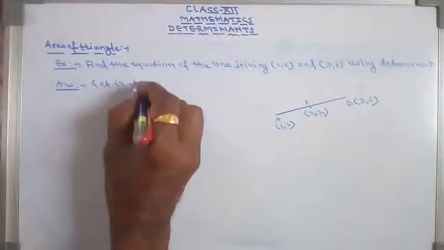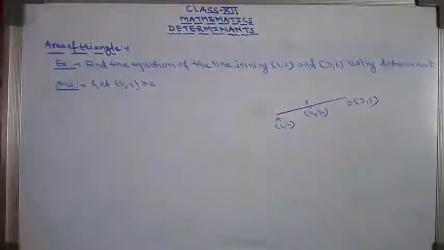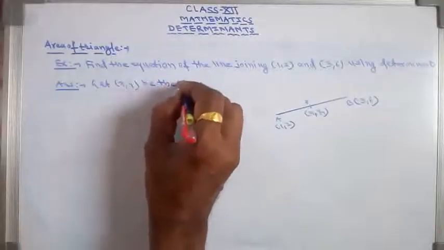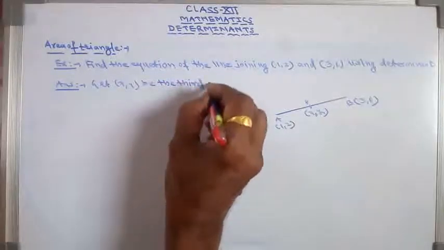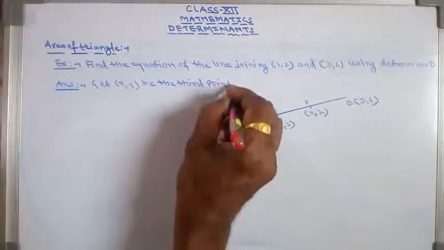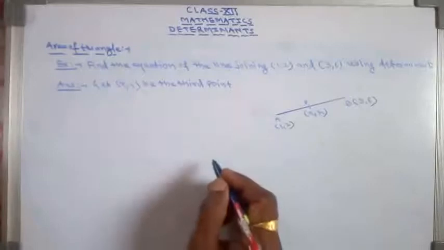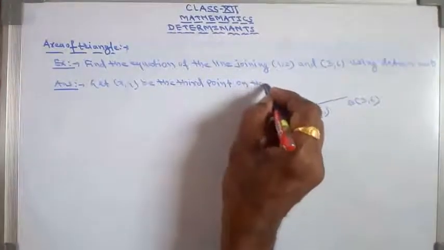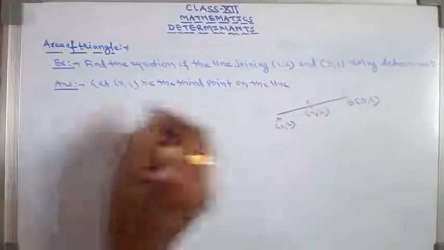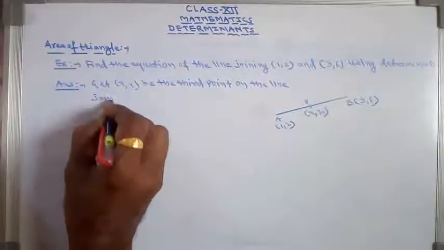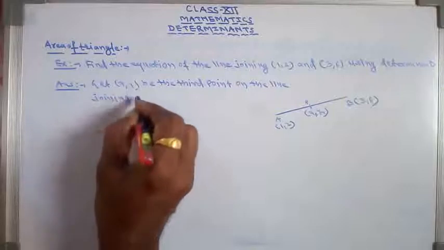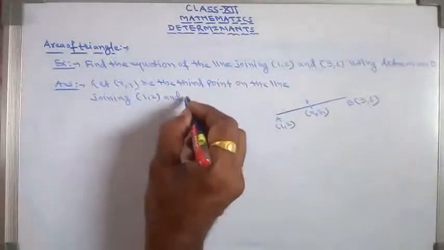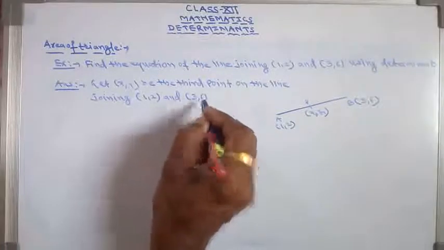So let (x, y) be the third point on the line joining (1, 2) and (3, 6).